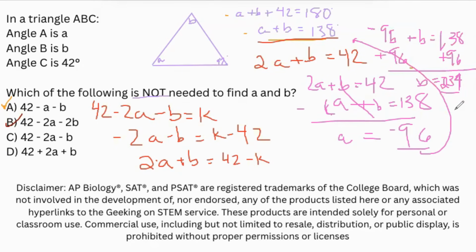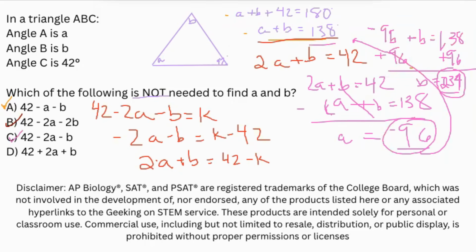So that's going to be b equals 234. So if I check the values of negative 96 plus 234, plugging it into the calculator, that's when I get 138. So we know that C is correct.